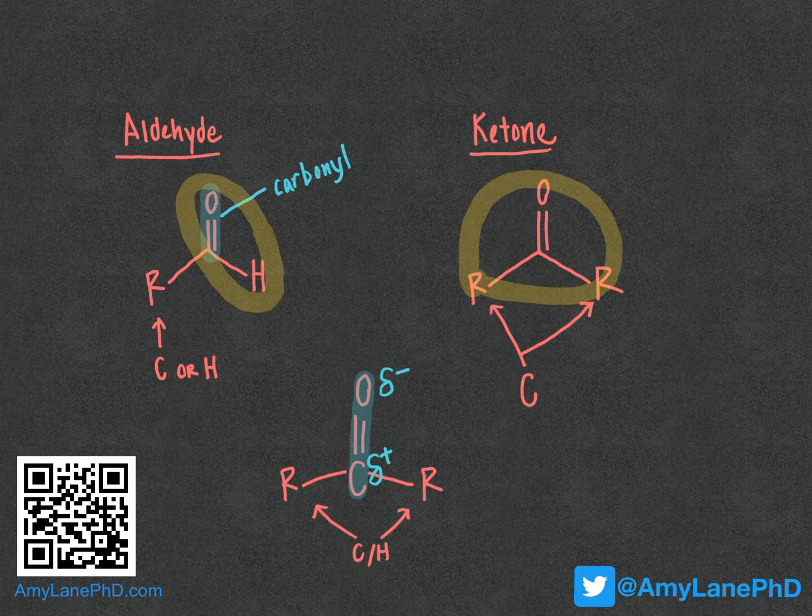Like I said, resonance is a bit beyond the scope of this particular class, but what you should be aware of is that the oxygen will be negatively polarized, the carbon will be positively polarized, and this is going to have important implications related to the physical properties of these molecules, such as their melting points, boiling points, and water solubilities. It will also have important implications for the chemical properties, meaning how these molecules are going to react, and we will see some definite similarities in the types of reactions that aldehydes and ketones undergo.